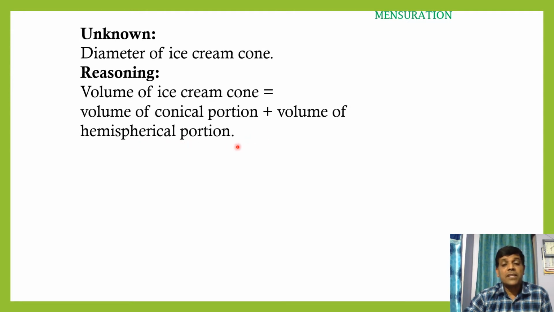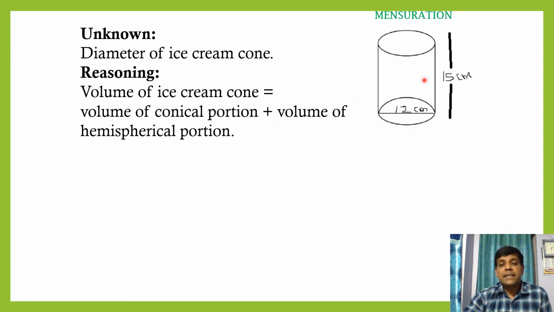So the volume of the ice cream cone depends on the volume of the conical portion plus the volume of the hemispherical portion. Do you know the formula for the volume of a cone and hemisphere? The volume of a cone equals 1 by 3 pi r square h and the volume of a hemisphere equals 2 by 3 pi r cube.